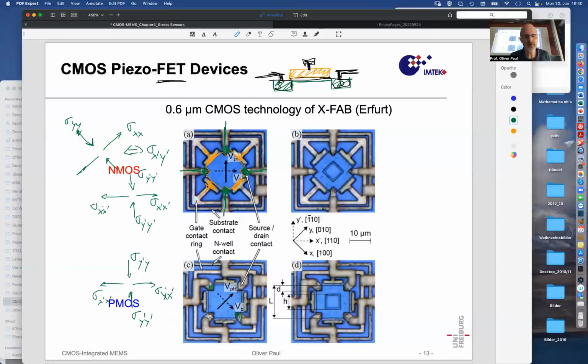And vice versa, this one will be shifted in the other direction. So there will be a pseudo-Hall voltage difference.